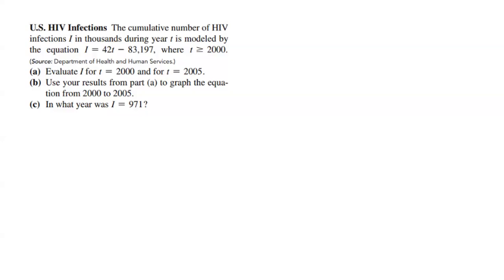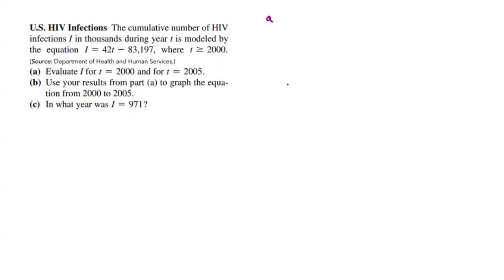Okay, so here it says the cumulative number of HIV infections, I in thousands during year T is modeled by the equation I equals 42T minus 83,197, where T is greater than or equal to 2,000. Evaluate I for T equals 2,000 and for T equals 2005. Okay, so for A there, all we're doing is plugging in our values for T, right?